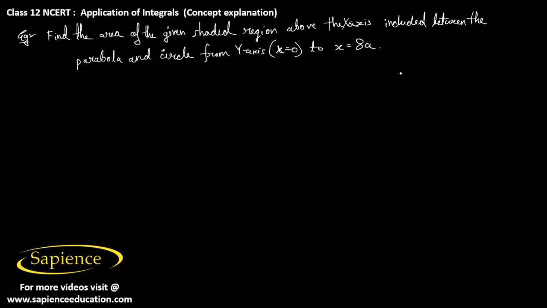So here the equation of the parabola is given as y square equal to 4ax, and the circle is given as x square plus y square equal to 8ax.